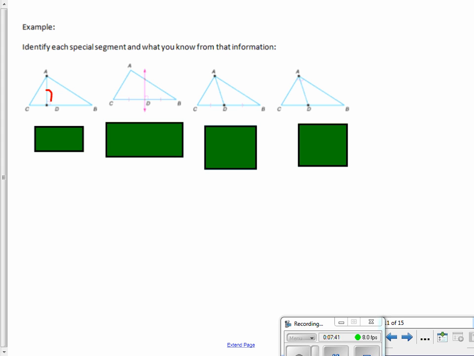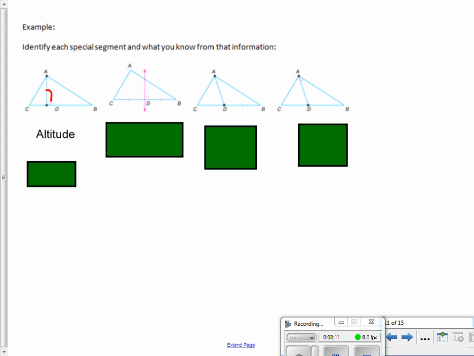Because it's cutting down at a right angle and hitting that bottom line, this would be an altitude. So what do we know from that information? We can say that AD is the altitude, or the height of the triangle. We can also say that AD is perpendicular to CD or to CB. But that would be most of the information that we know.